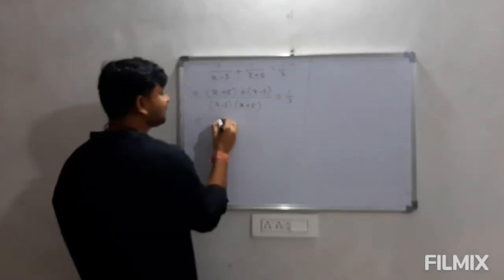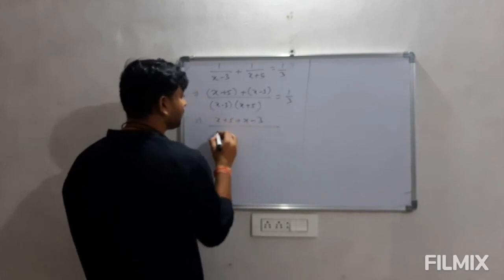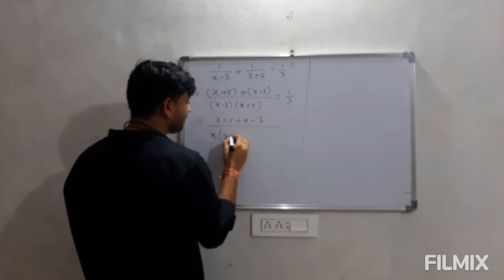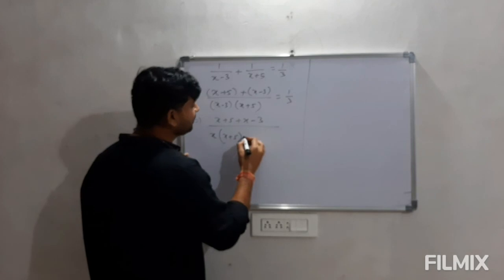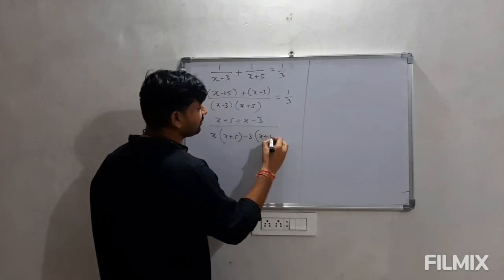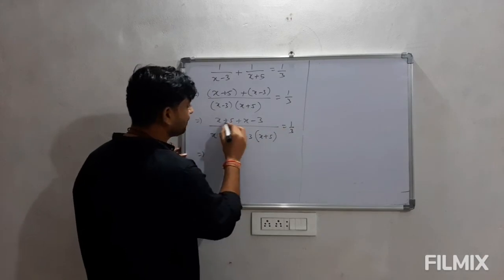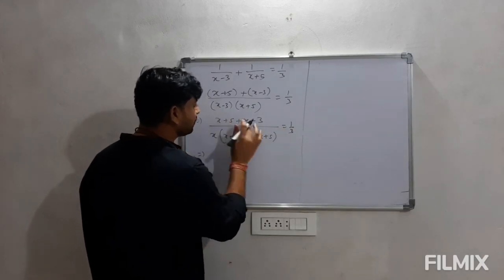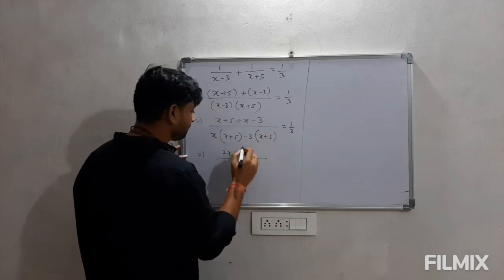Now simplify this: x plus 5 plus x minus 3 upon, we multiply this, opening the first bracket, then minus 3 times x plus 5, is equal to 1 upon 3.